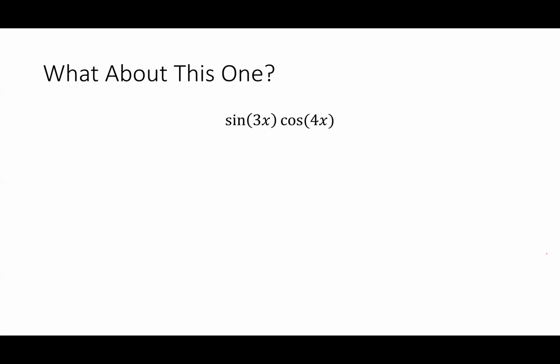Sine 3x, cosine 4x. So I'm going to write down here for us the two things that unfortunately have become burned into my brain. But they were not definitely when I was an undergrad. Cosine theta is that.